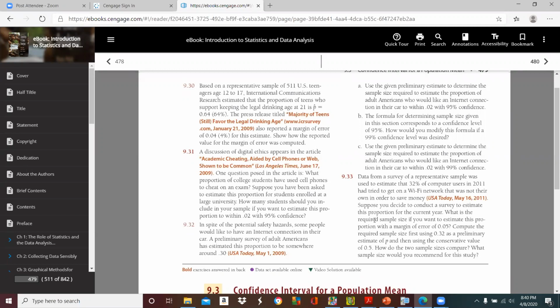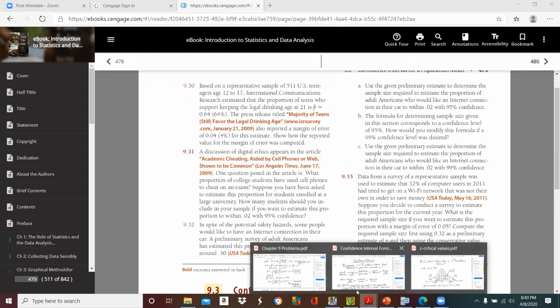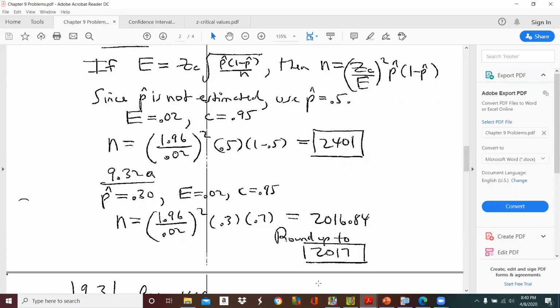So let's go to the problem. And notice that my estimate of p hat is 0.3, my margin of error is 0.02, my level of confidence 0.95. Once again, since z is 1.96 for a level of confidence of 0.95, I'm going to put 1.96 for z.